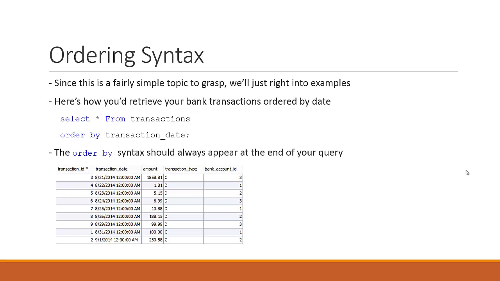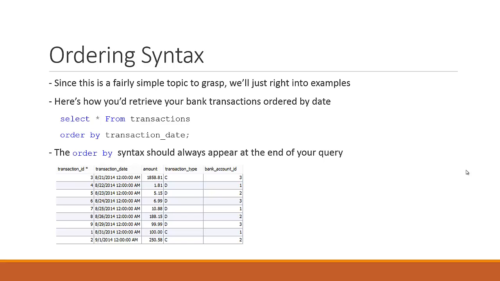Since it's a fairly simple topic to grasp, we'll just jump right into some examples, because there's very little additional syntax to learn and understand. So here's how you'd retrieve your bank account transactions ordered by date, because that's something useful. Whenever you look at your bank statements, typically your transactions are ordered by the date in which they were made, right?